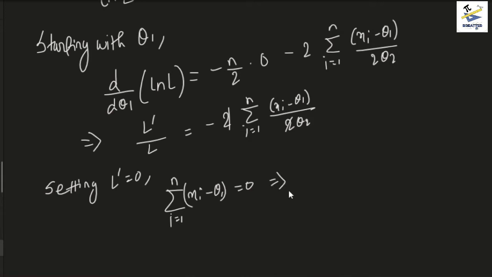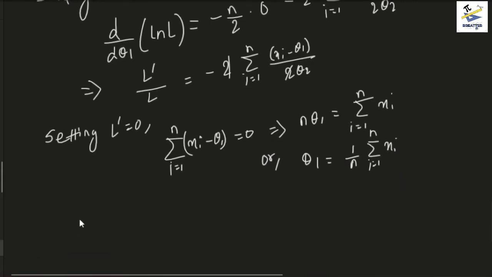This means that n theta 1 is equal to the summation from i equals 1 to n of xi, or theta 1 is just 1 by n times the summation from i equals 1 to n of xi.